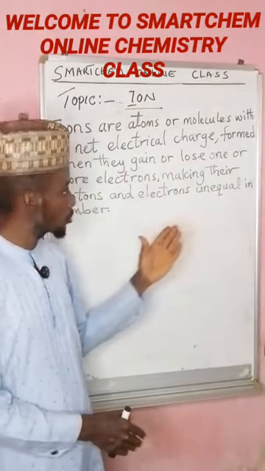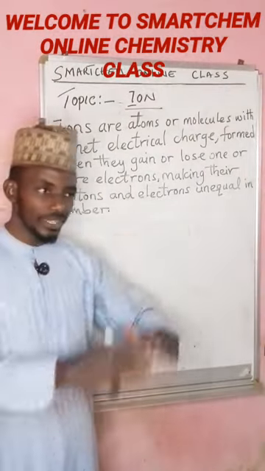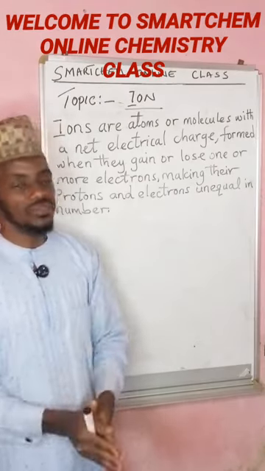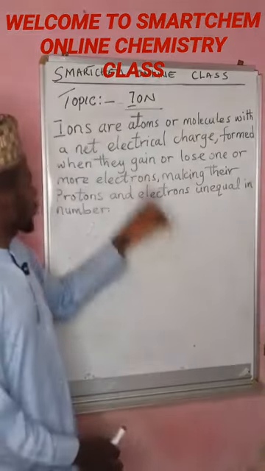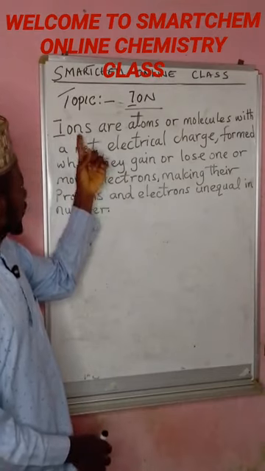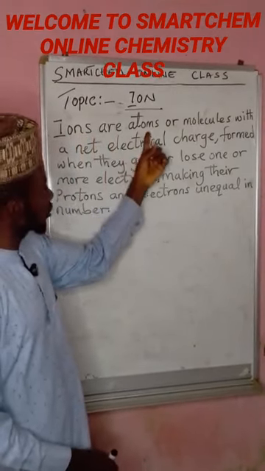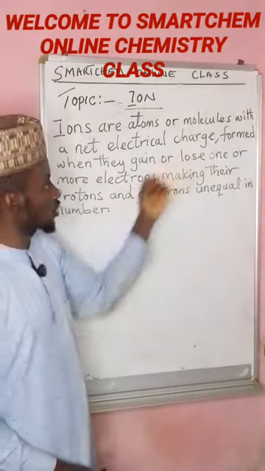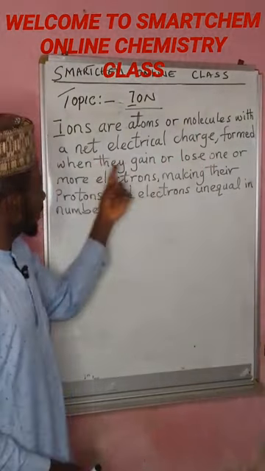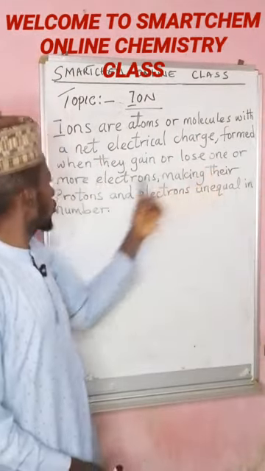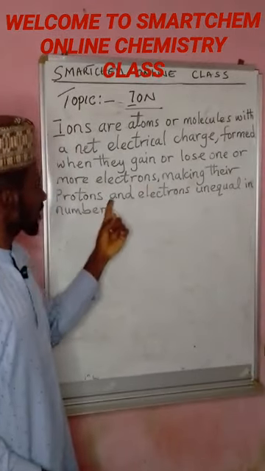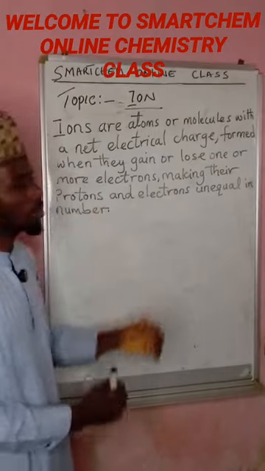So we are now going to look at the definition and bring out the features of an ion, how we can be able to identify ions. Good. This definition says ions are atoms or molecules with a net electrical charge formed when they gain or lose one or more electrons, making their protons and electrons unequal in number.